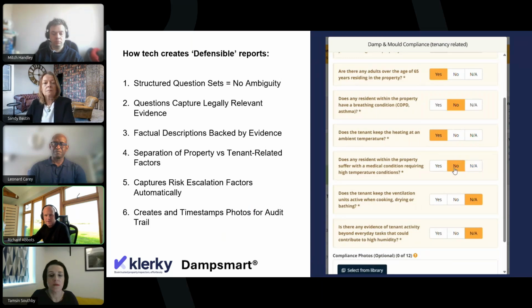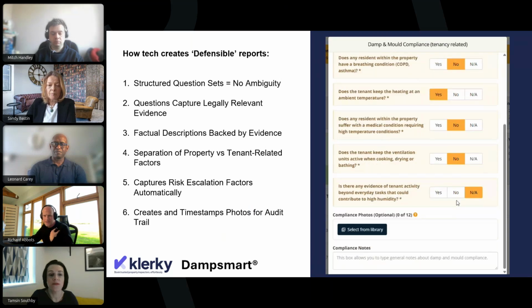Whether the heating and ventilation are adequate, which was something that was mentioned earlier on by you, Leonard, in terms of the monitoring of the temperature. And of course, also linked to the tenancy, whether vulnerable residents live in the property. Now, of course, those are huge implications on the health and well-being of people living in those properties.